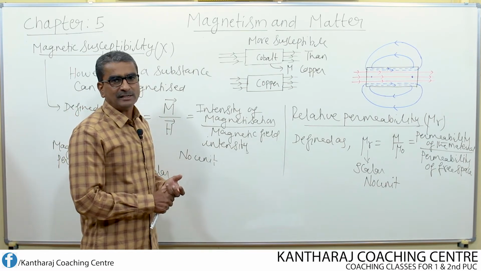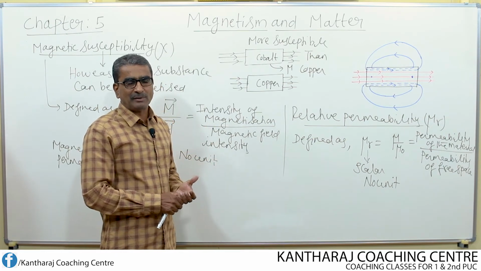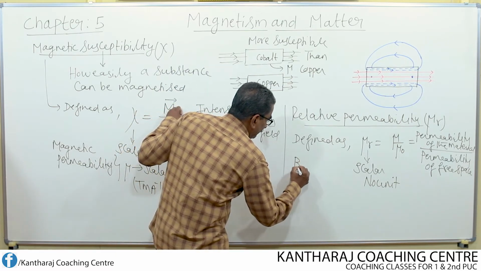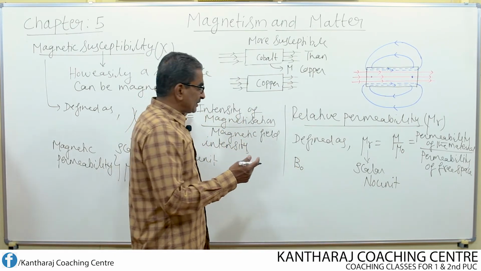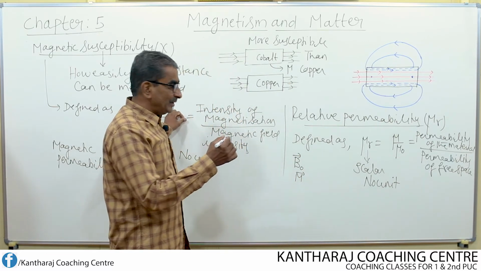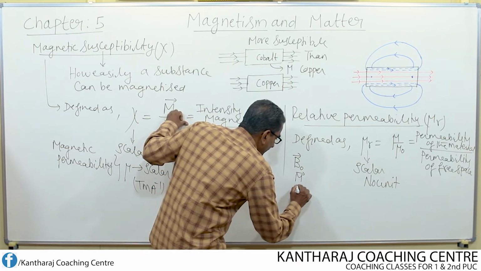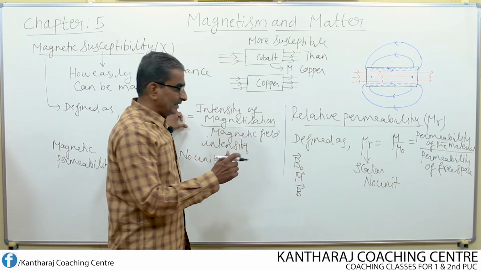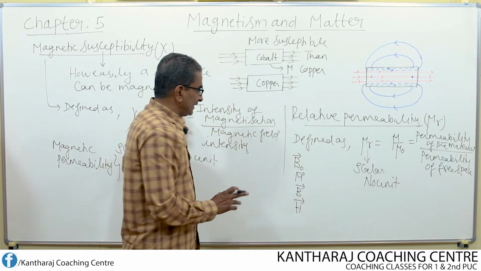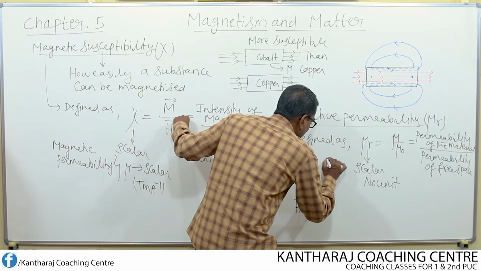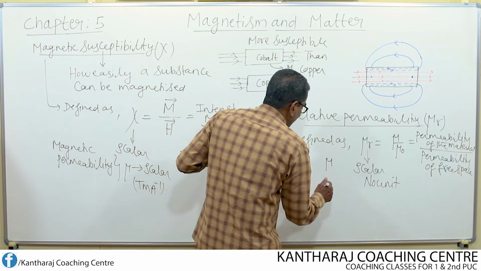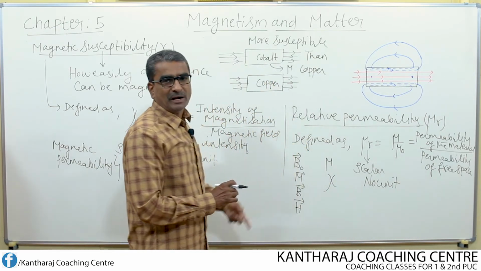So these are the terms related to the properties of magnetic materials. What are the terms we studied? We studied the magnetizing field B0. Then the intensity of magnetization, M. Then the magnetic field B or magnetic induction. Then the magnetic field intensity, or simply magnetic intensity. Then the magnetic permeability of the material, represented by mu. Then the susceptibility of the magnetic material.